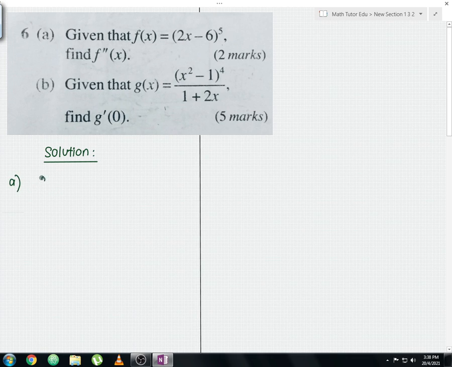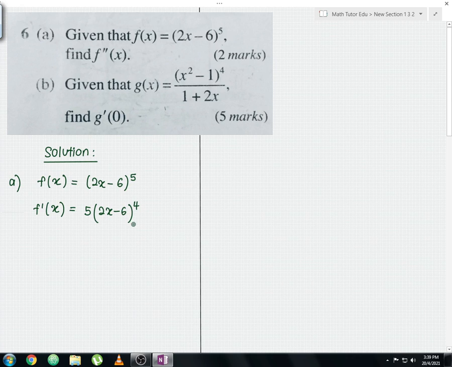Given that f(x) is equals to (2x minus 6) to the power of 5. The first step is to differentiate this, and you get f prime x. So f prime x will be equals to 5, you times in front, and the power you minus with 1. So from here, 5 (2x minus 6) to the power of 4.